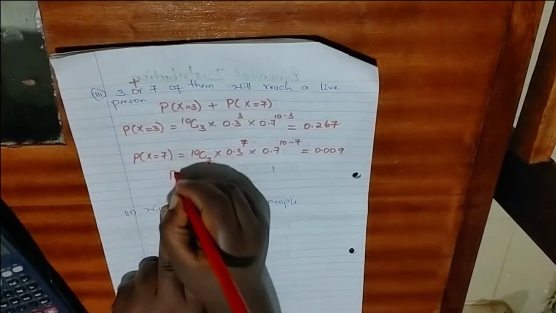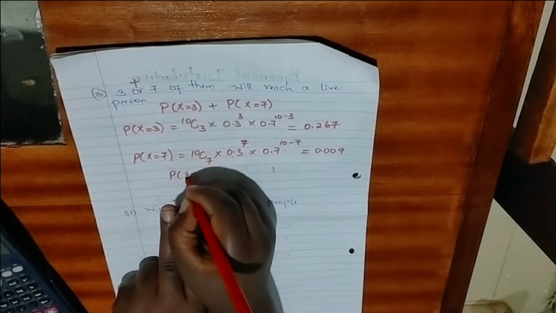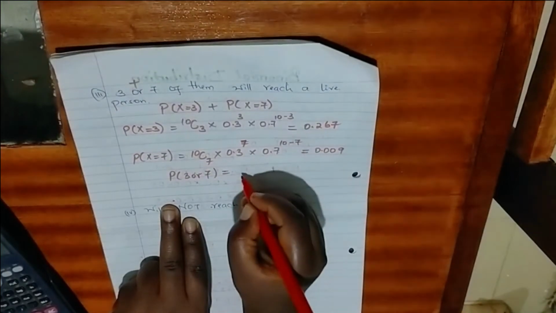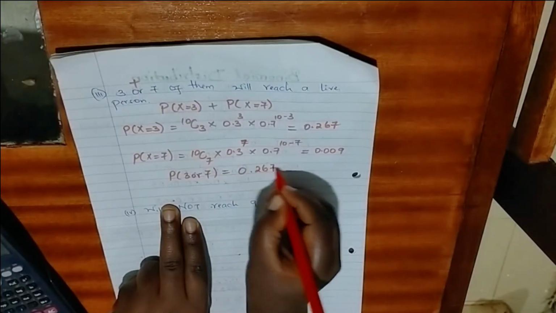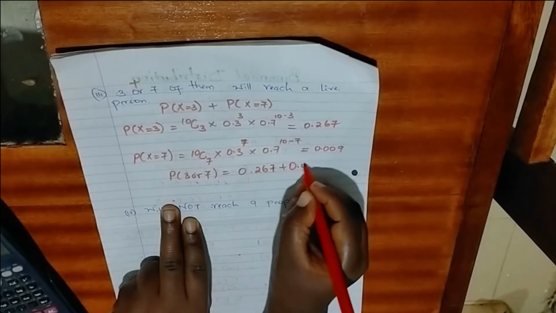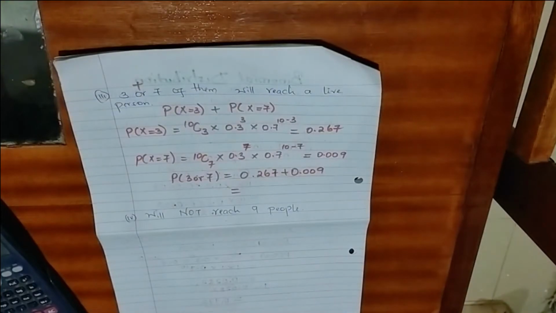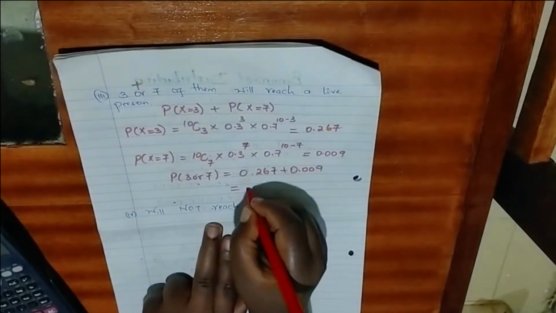Therefore, the probability of 3 or 7 will be the sum of these two, 0.267 plus 0.009, and the resulting probability is 0.276.